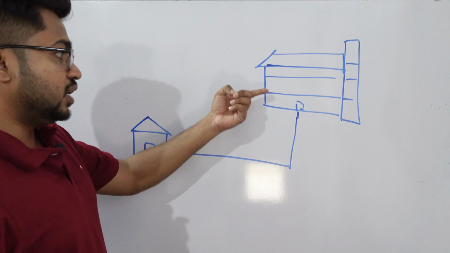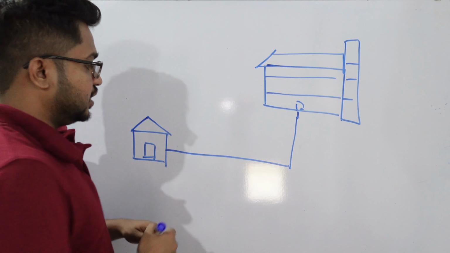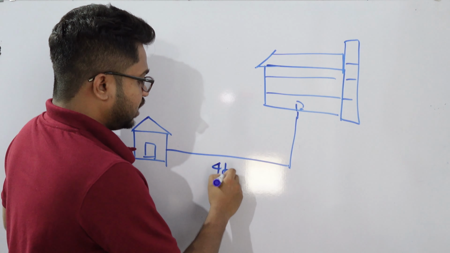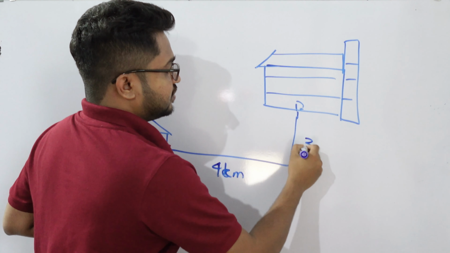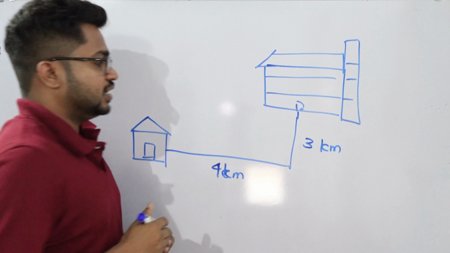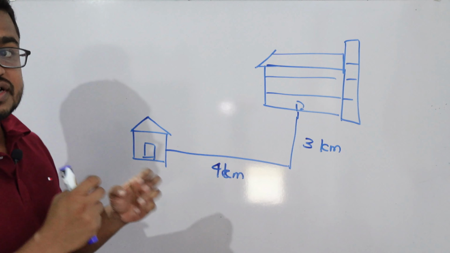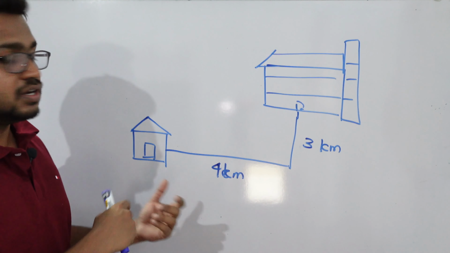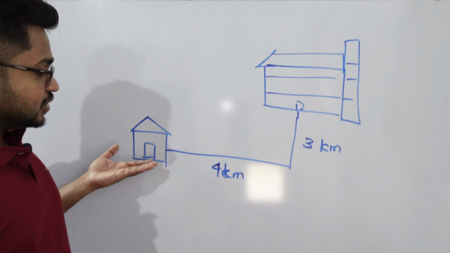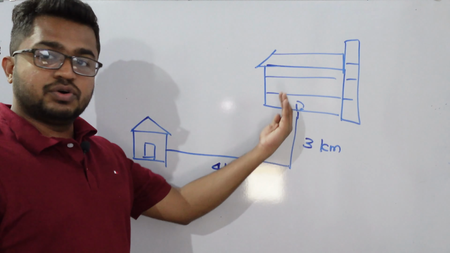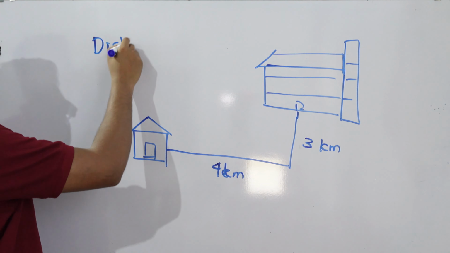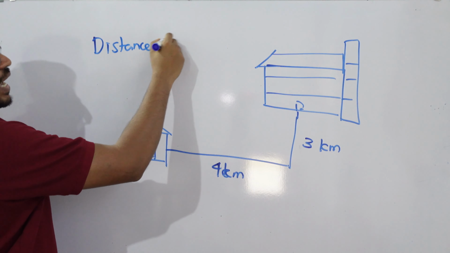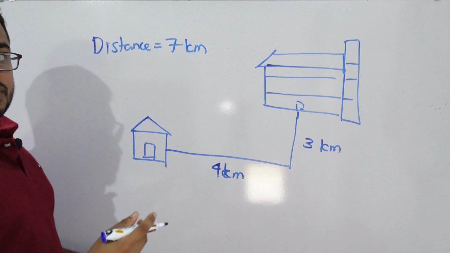Tom cycles 4 kilometers and then turns and travels 3 kilometers. If somebody asks you what distance Tom travels, you would easily say that Tom travels 4 and then he goes 3. So the distance that Tom travels is 7 kilometers. There is no doubt about it.